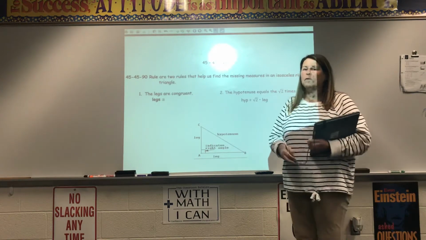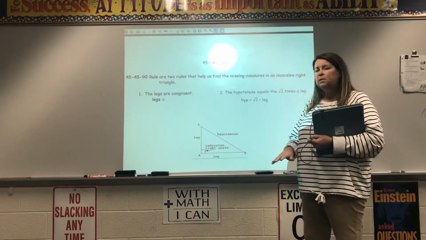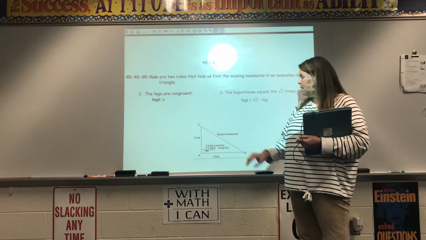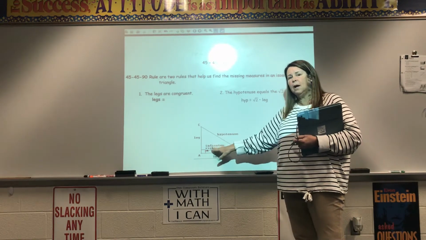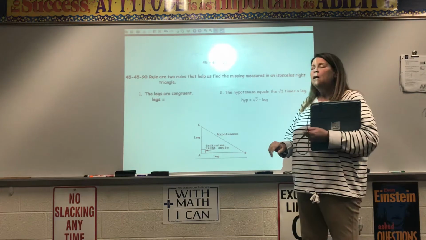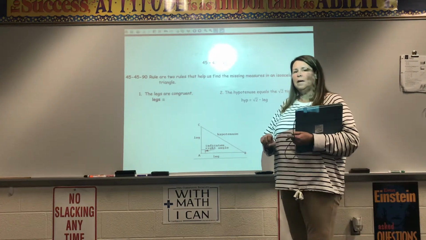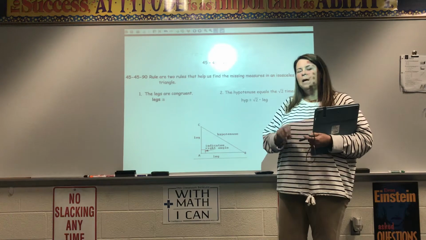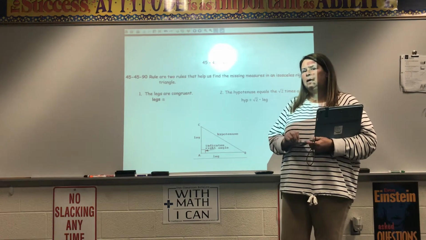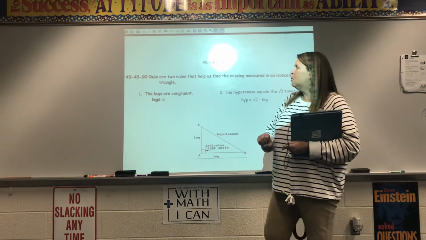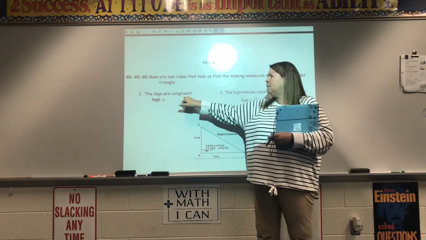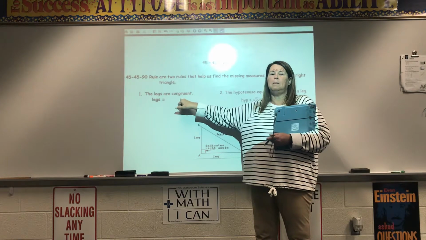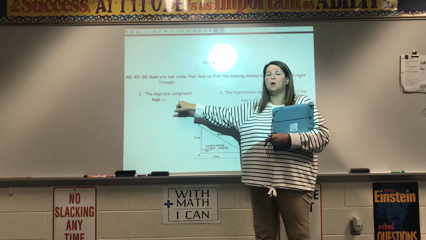So here's where first period you might want to pause and get this information down. Here also is our right triangle I just went over. In a 45, 45, 90, there are two rules to help you find the measurements in the triangle. The first rule is that the legs are congruent. Congruent means they have the same measure; their measures are equal.